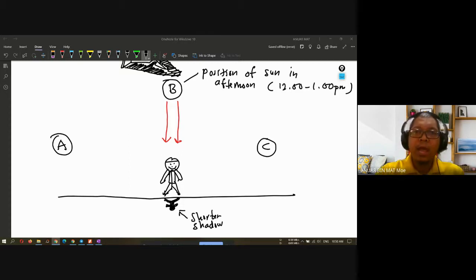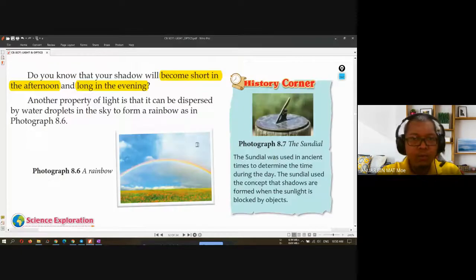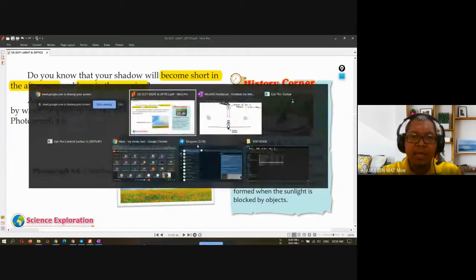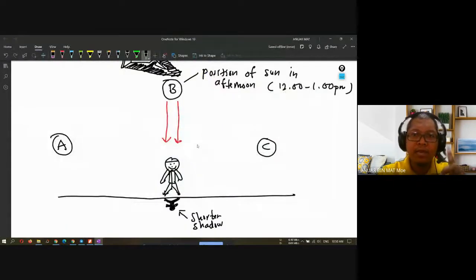So what happened at A and B? A and B is the evening, long in the evening. Maybe early in the morning, when there is a sunrise, and then late in the evening, when there is a sundown, when there is dawn.